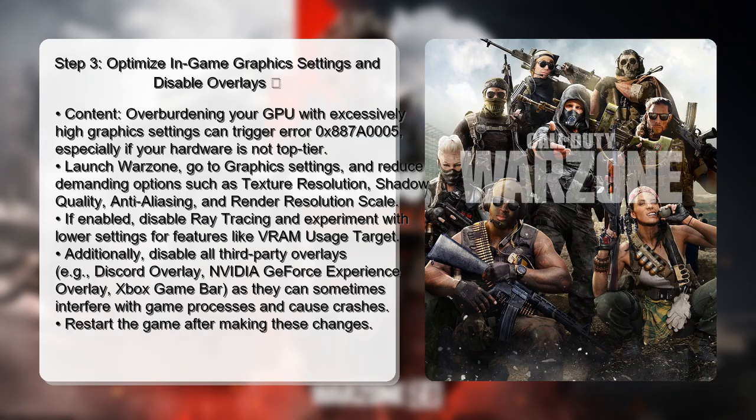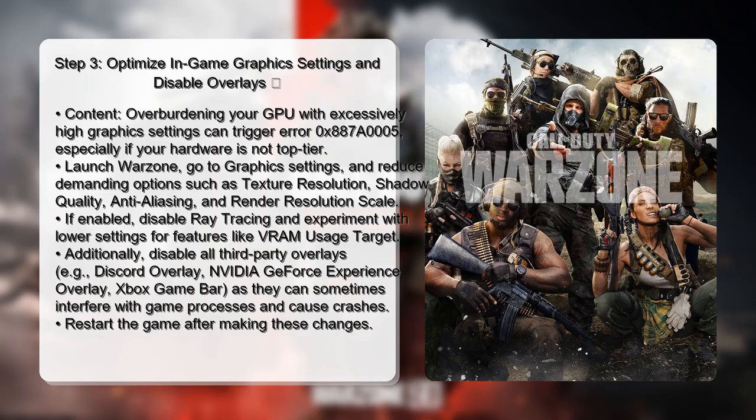Step three: optimizing game graphics settings and disabling overlays. Overburdening your GPU with excessively high graphics settings can trigger error Exiled, especially if your hardware is not top tier. Launch Warzone, go to Graphics Settings, and reduce demanding options such as texture resolution, shadow quality, anti-aliasing, and render resolution scale.